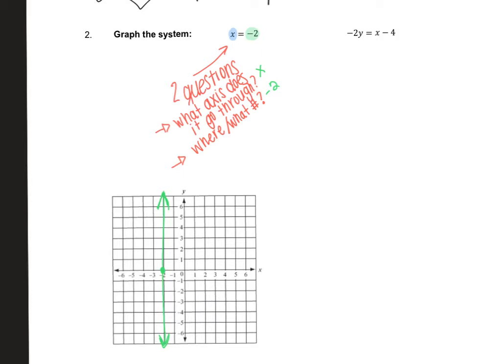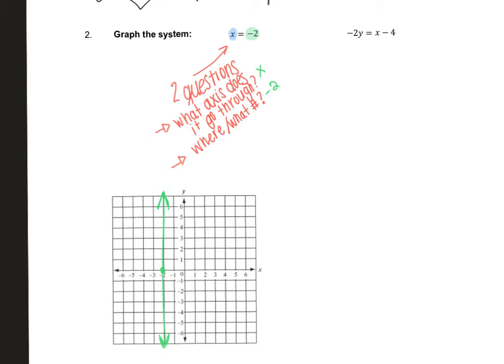So remember, sometimes our special cases can kind of catch us. Not that they're more confusing, but they don't follow the same rules as all of our other ones. So we just have to remember what rules they do follow. So what axis does it go through? It cuts through the x-axis, and it happens at -2. So it looks like a vertical line at -2.